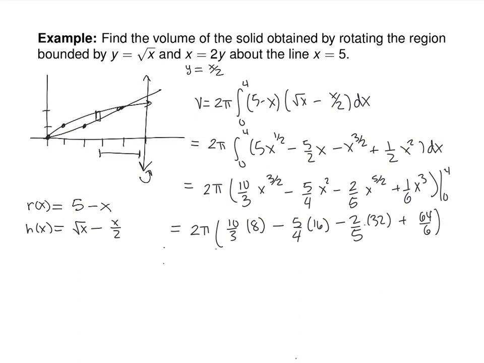And let's just reduce and tell you what it adds up to. 2 pi times 80/3 minus 5 times 4, which is 20, minus 64/5 plus 32/3. And all of that gives you 136 pi over 15.